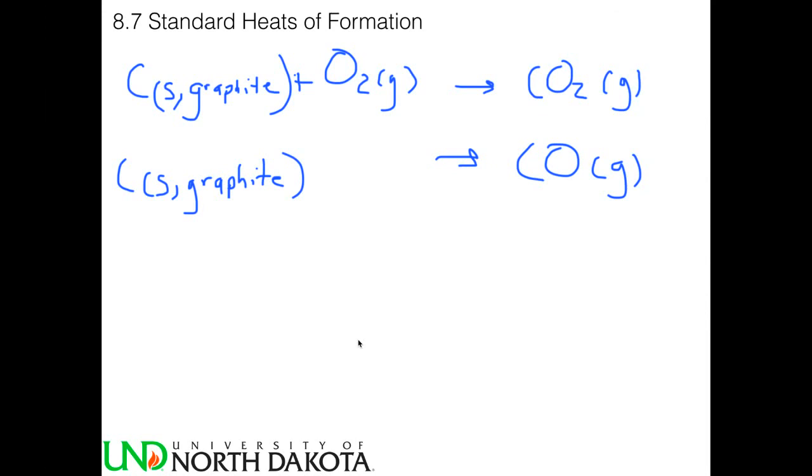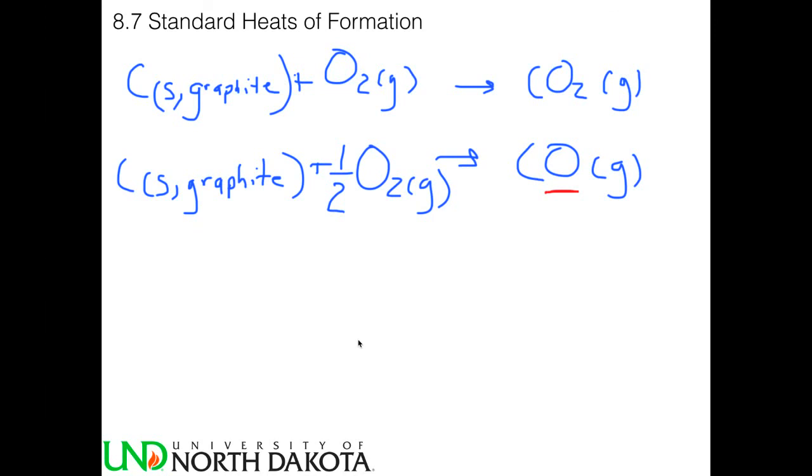However, oxygen is still a diatomic element, and that's how it would exist in its standard state. But we only need 1 oxygen to form 1 mole of carbon monoxide, and therefore we only need half of an O2 molecule. And so this is a place where you would see 1/2 of O2 written as part of the reaction for the standard heat of formation for carbon monoxide.